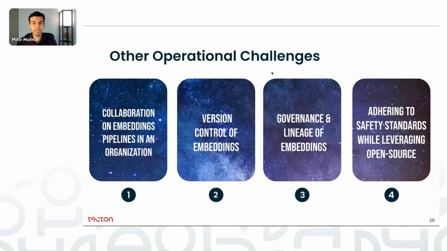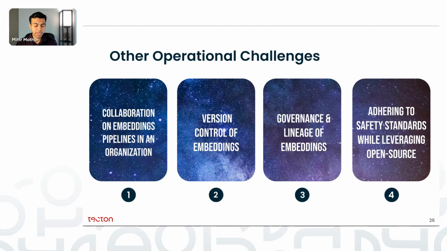Apart from these serving and inference challenges, there's a few other operational challenges that customers, specifically large organizations, would face. So there's the collaboration on embeddings pipelines challenge. So typically, it's not just one data scientist working on generating embeddings. It's a team, or sometimes even many different teams that are going to use a given embedding.